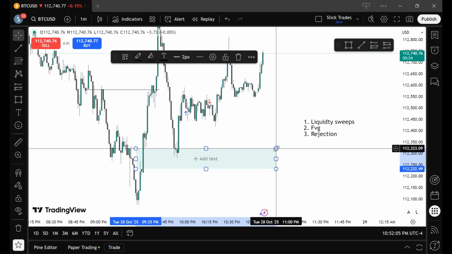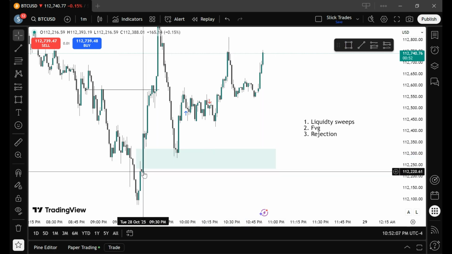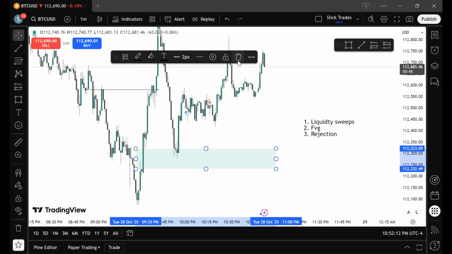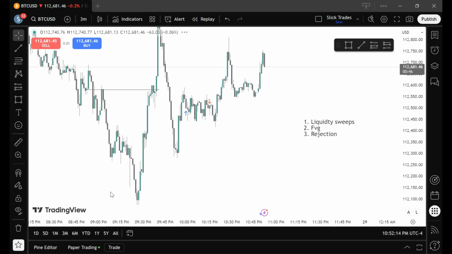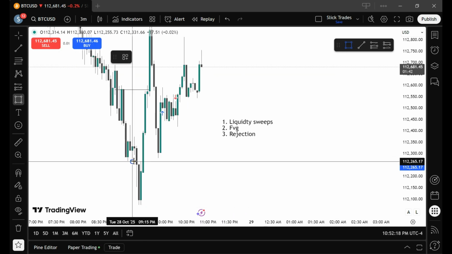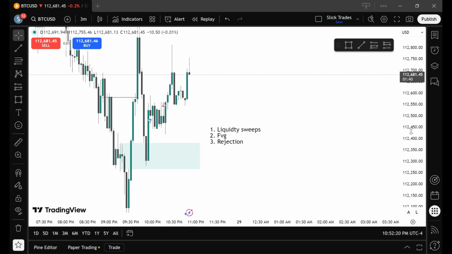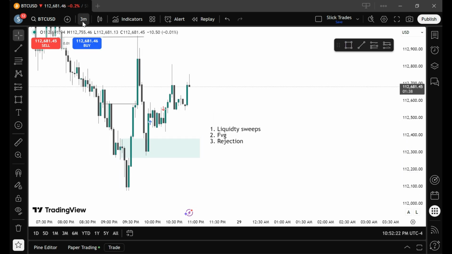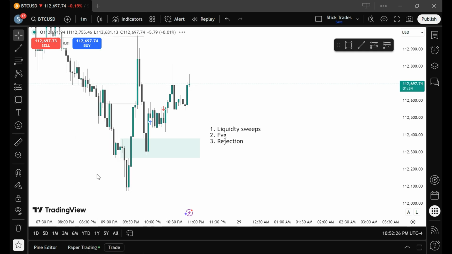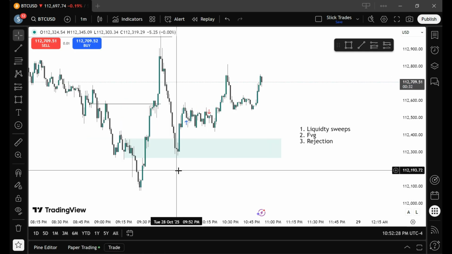It rejected off this fair value gap right here. 1, 2, 3 candles, fair value gap. Now, typically, I like to look for a fair value gap on a different time frame. I don't know why. It just seems to have more strength, which it still did. It's good to see. Look for rejection of a higher time frame, 3 minute. That means each candle is 3 minutes. Then you go back to your 1 minute and look for an entry.